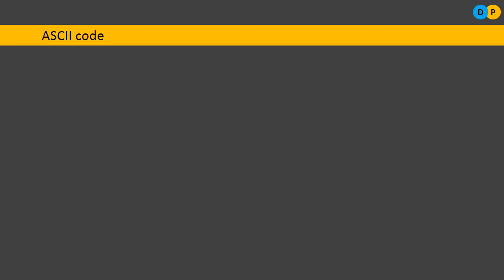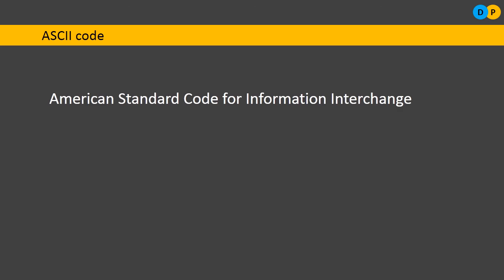And the last one is the ASCII code, which is very popular. ASCII stands for American Standard Code for Information Interchange. The most widely used alphanumeric code is ASCII, and it is used in most microcomputers and minicomputers, as well as in many mainframe computers.